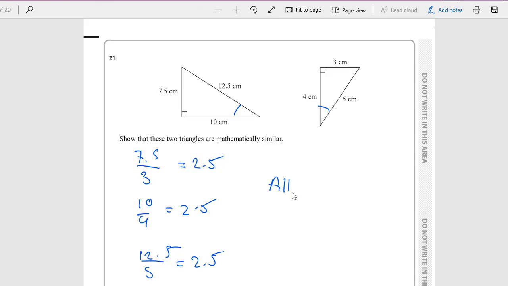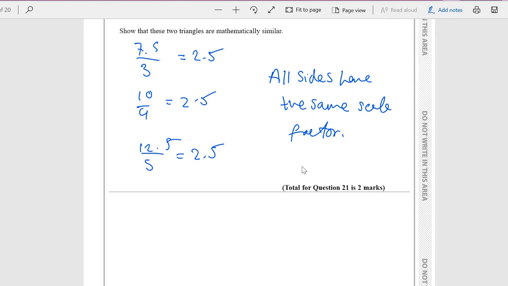So all sides have the same scale factor. Okay, next question.